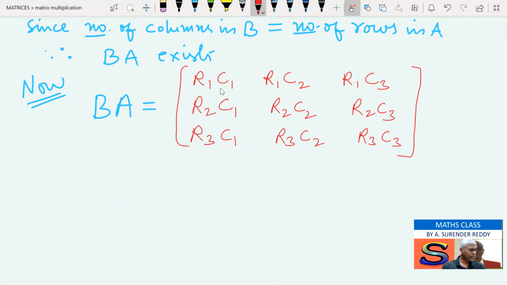2, 3 with 1, minus 4. 2 into 1 plus 3 into 4.